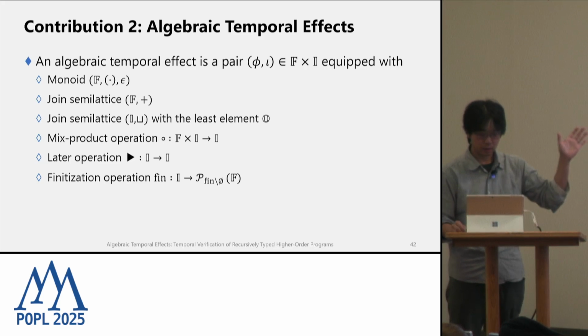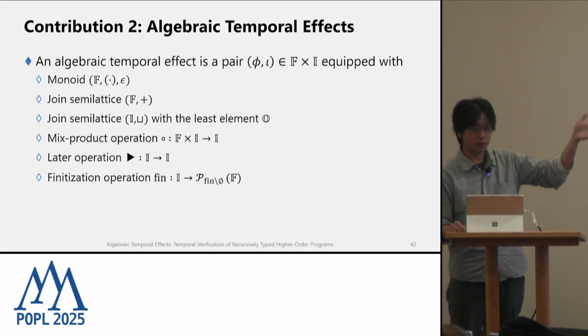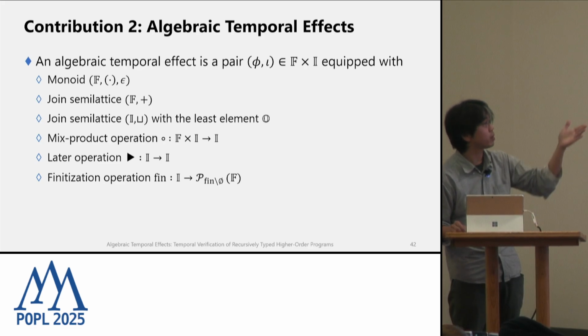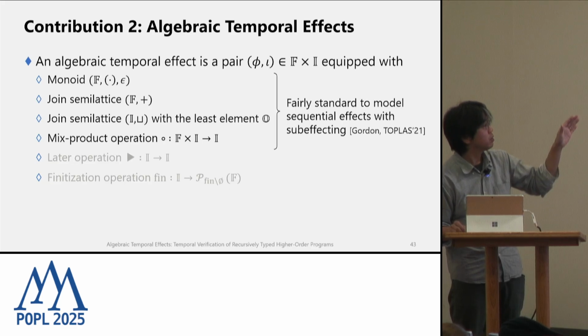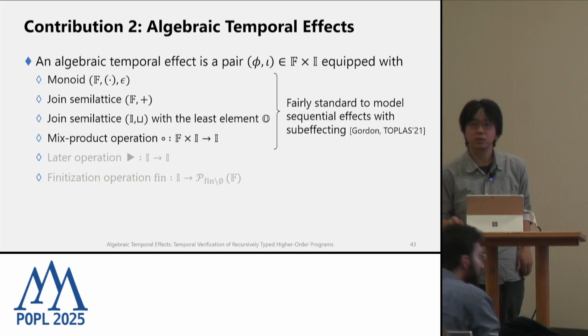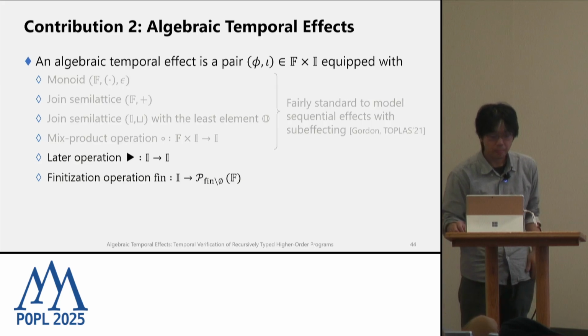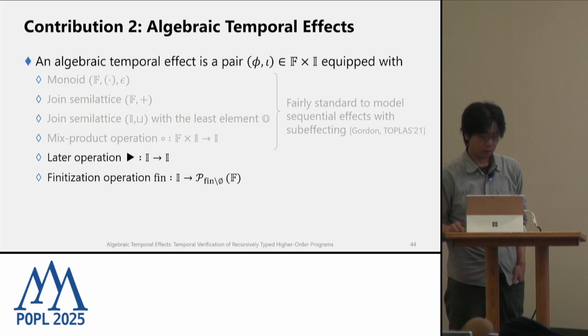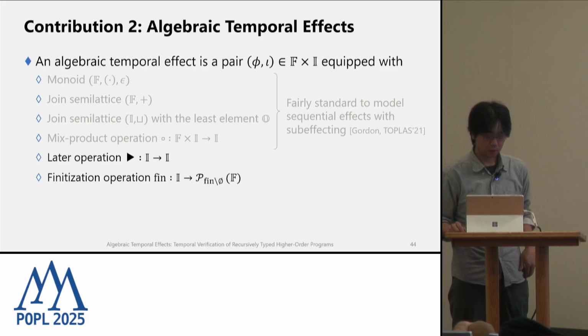In these representations, the algebraic effect is just a pair of finite and infinite effect, with some additional structures. But the first four structures are fairly standard ones to model the sequential effect with sub-effecting. So I will skip this one. The special operations are the last two operations.